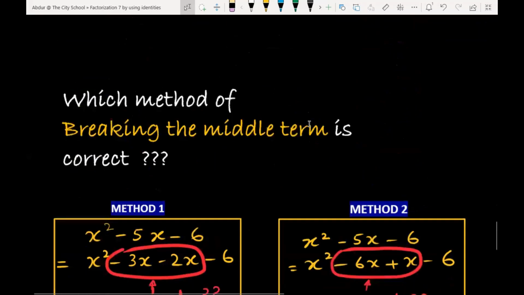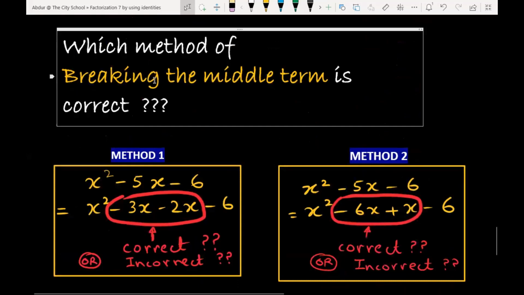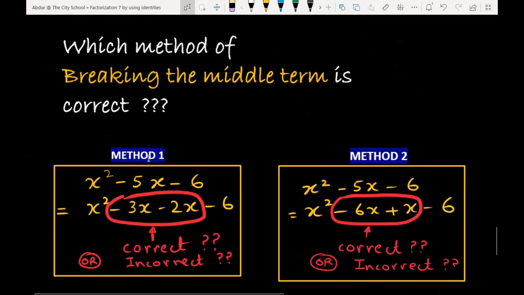Now, which method of breaking the middle term is correct? The method number 1 or the method number 2? In this method number 1, x square minus 5x minus 6 is the quadratic expression, or algebraic expression, of three terms, and I'm going to take the same question here, but there are different methods.